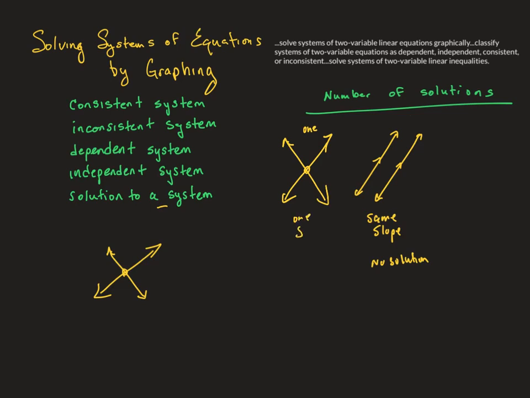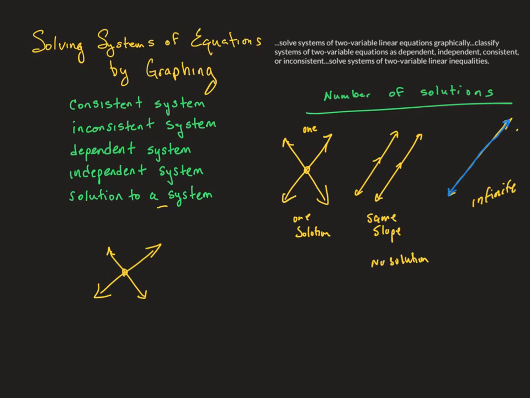And this, of course, was one solution. And then the next thing, we have infinite solutions. I have one line, and then the next line is graphed right over it because they are the same line, and that is when I have infinite solutions because they overlap or they intersect for infinity in both directions.